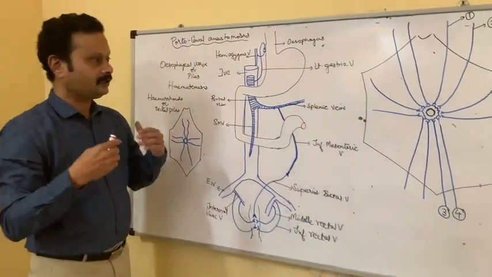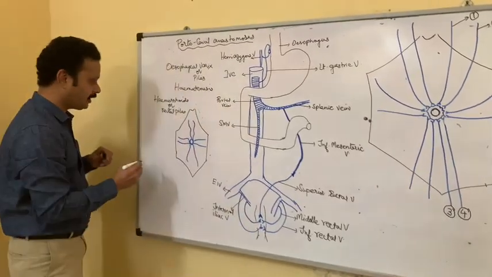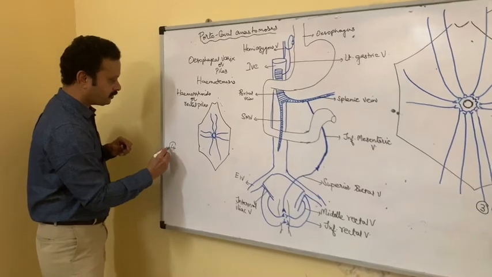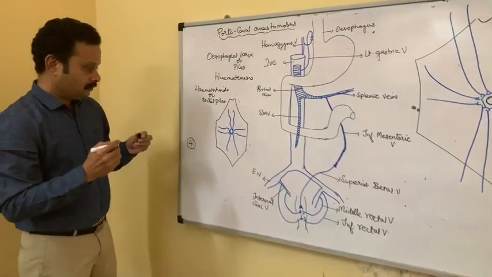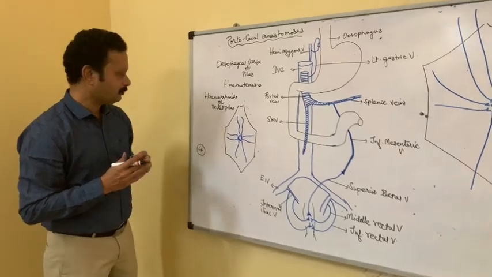The other significant portocaval anastomotic sites are, fourth one, behind the peritoneum of the posterior abdominal wall.